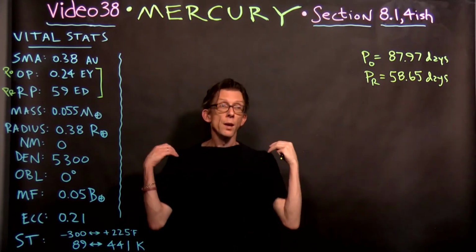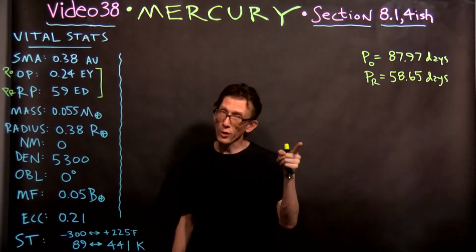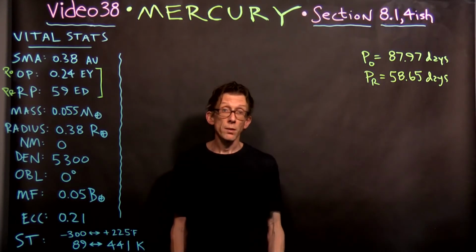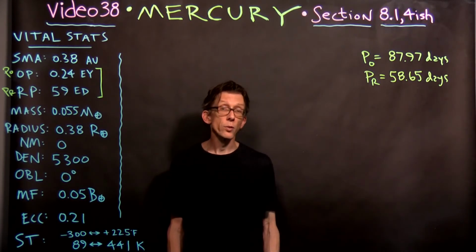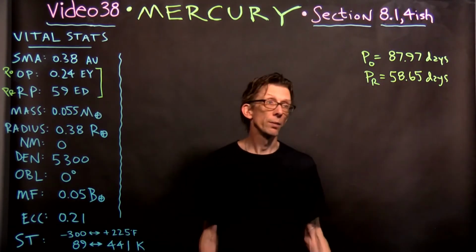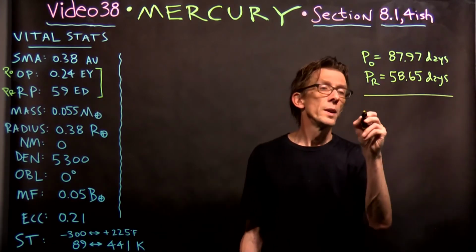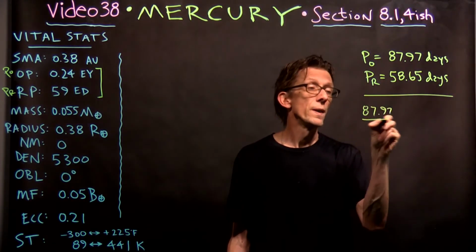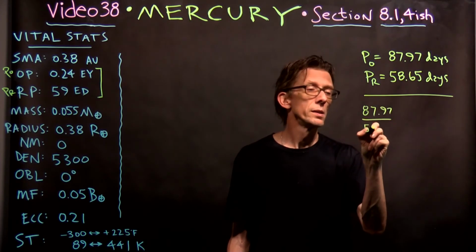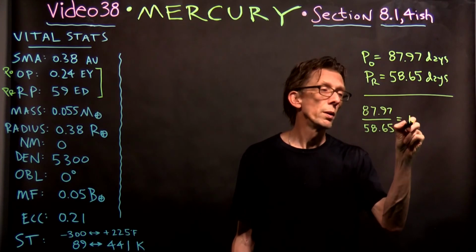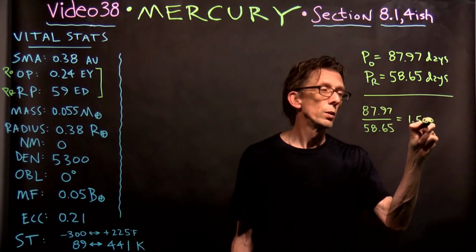Now, if you see those two numbers and you start messing with them, you realize there's something going on with them: they're very simply related to each other. If you take 87.97 and divide it by 58.65, you will get almost exactly 1.5000.